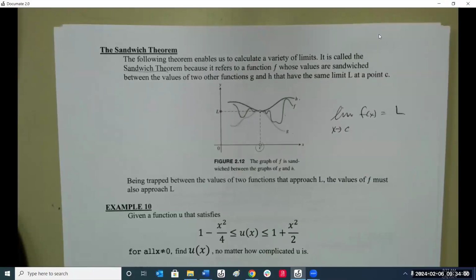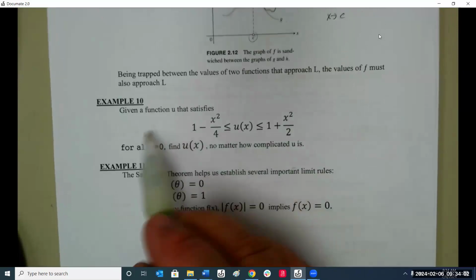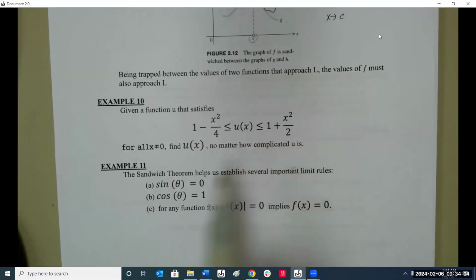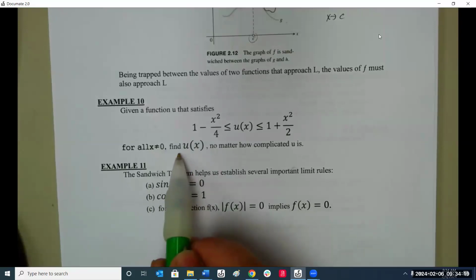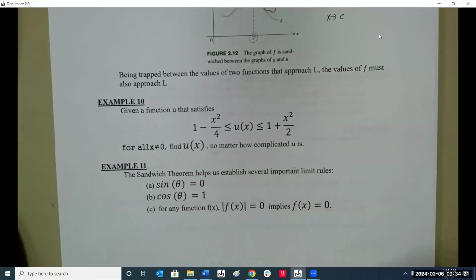So let's look at these examples. Given the function, there's a limit here, for all x not equal to 0, find the limit of u of x.